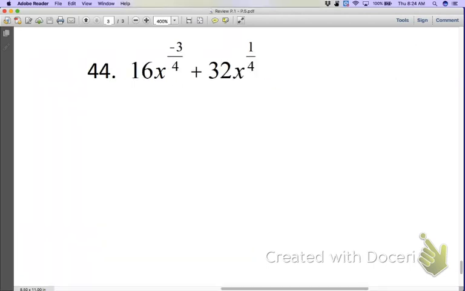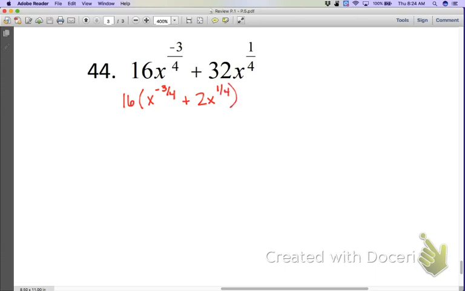Like on 44, if you factor out a 16 to start, I'm going to have x to the negative 3/4 plus 2x to the 1/4.